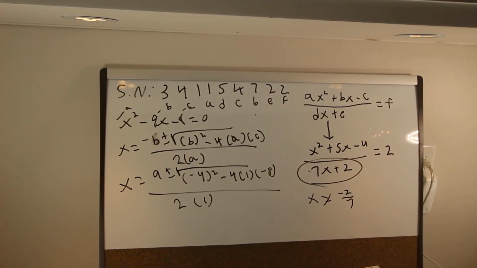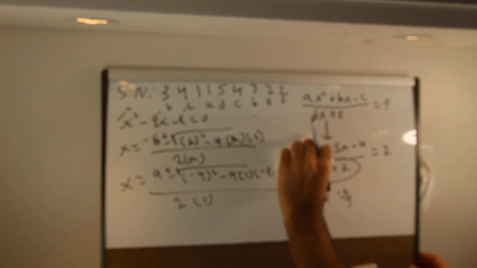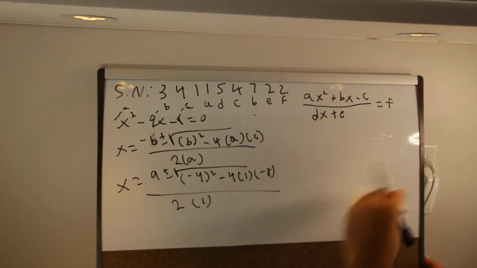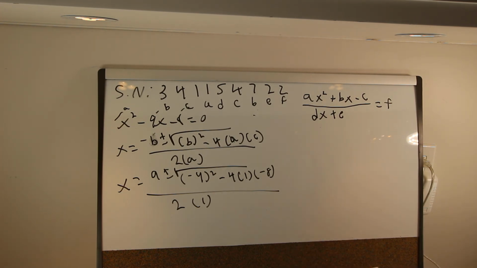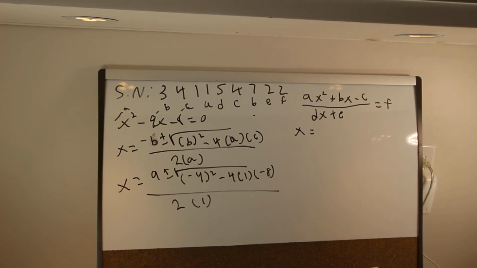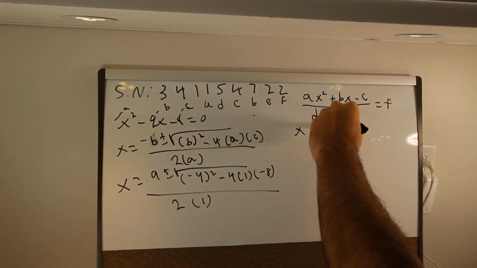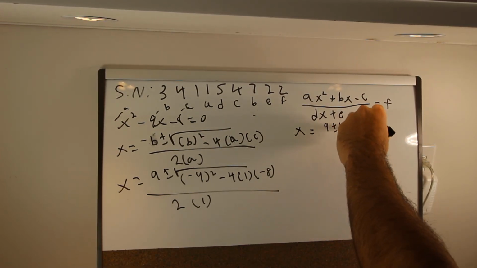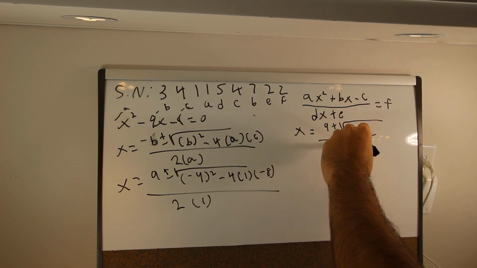So I'm going to erase this on this side, up to here. Now it's going to be x is equivalent to 9 plus or minus the square root of 113, over 2.